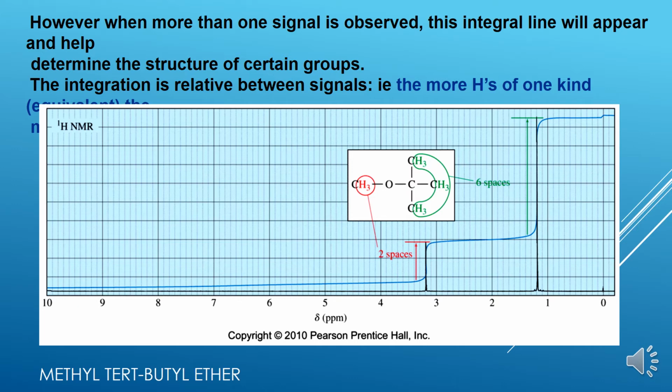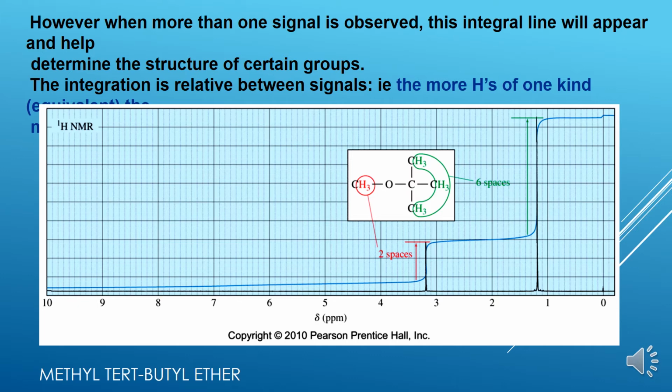That indicates the tertiary butyl protons occupy six spaces, isn't it? Six spaces means it is almost threefold greater than the methoxy protons, which occupy two spaces.